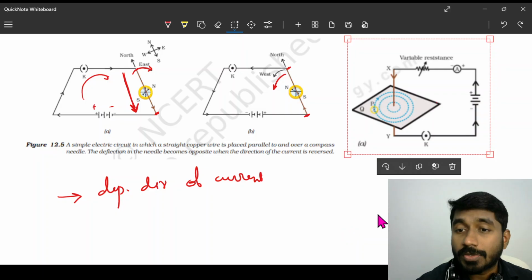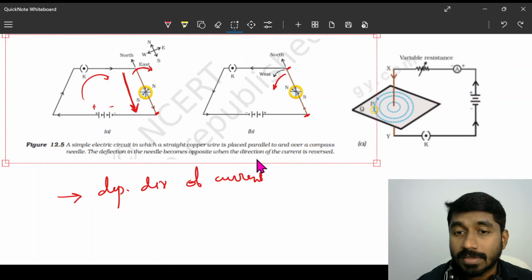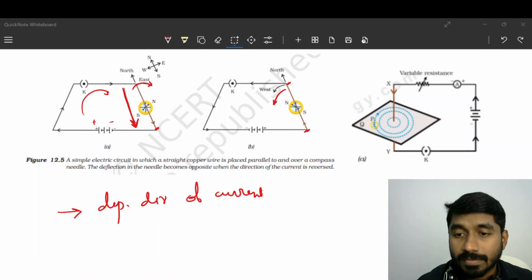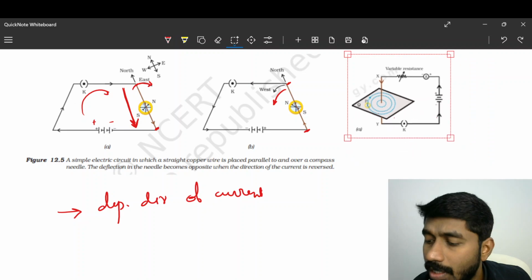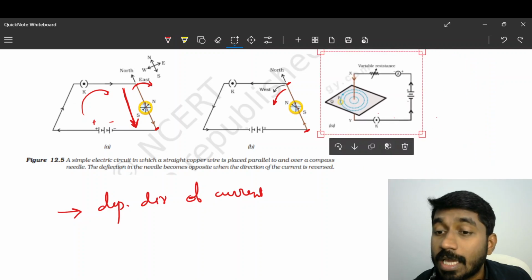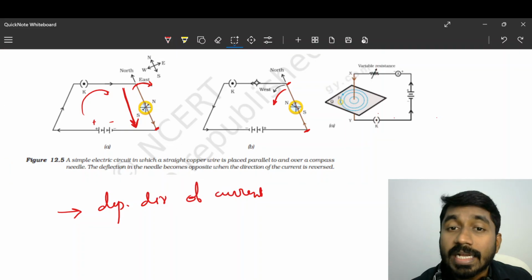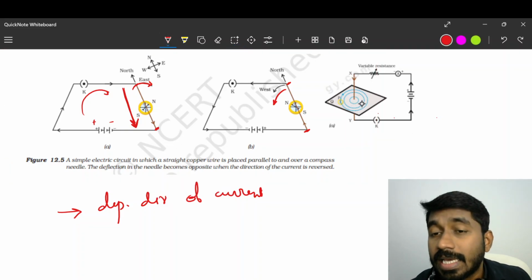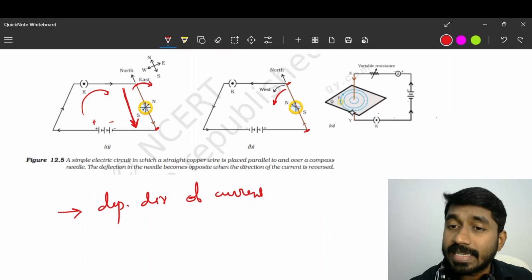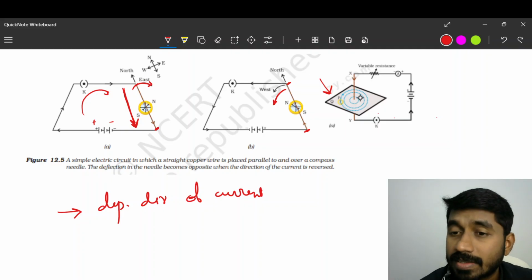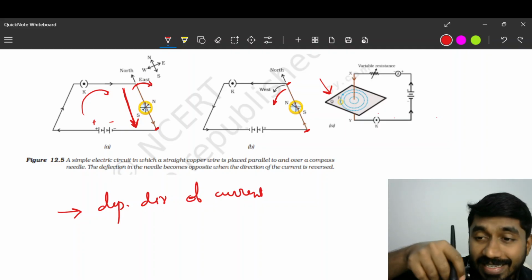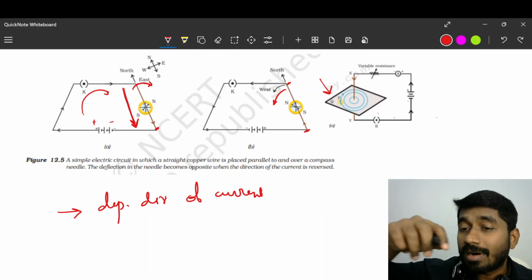This is a usual question asked in the exams. What is the direction or what is the shape of a magnetic field around a current carrying conductor? See, when a current is going through a conductor and you place a sheet of paper and put some iron filings on the paper, you can see the iron filings arranging in a circular order.